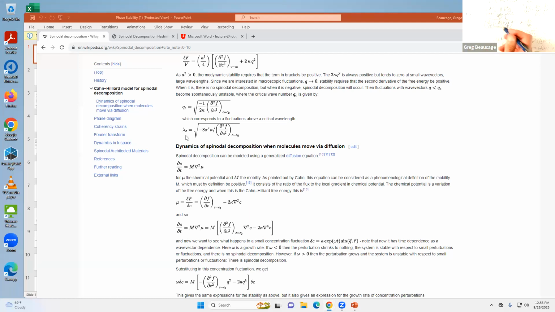That doesn't even solve the problem though. The equation you want to get is dc/dt, so it's the same kind of Fick's law looking equation: the mobility times d squared f / dc squared, which is kind of del squared mu, that term.